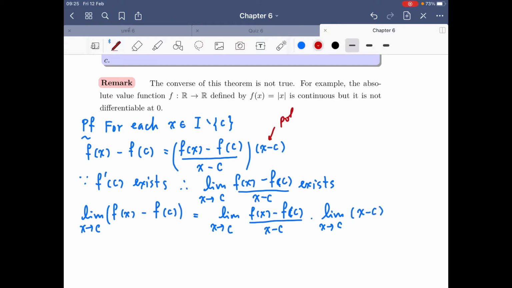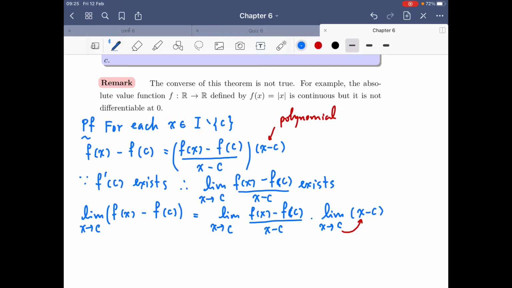This one is simply a polynomial, and again, a polynomial is always continuous, in particular continuous at c. So the limit of this polynomial will be the same as the function value.